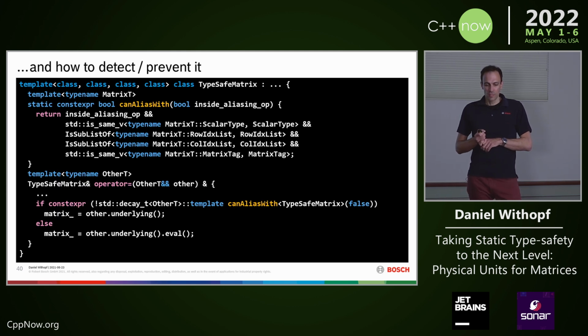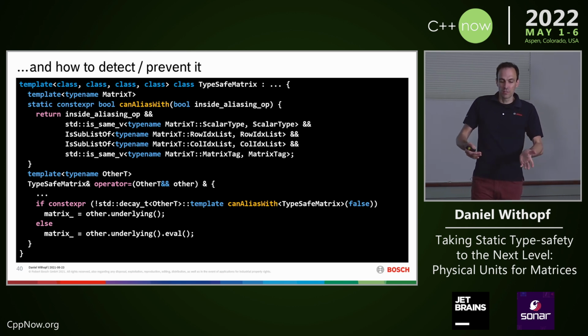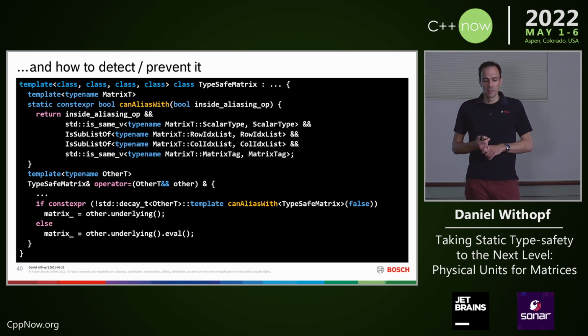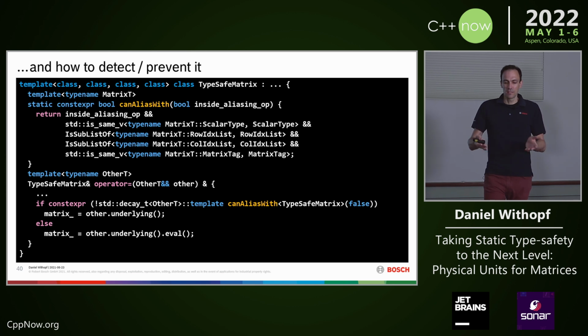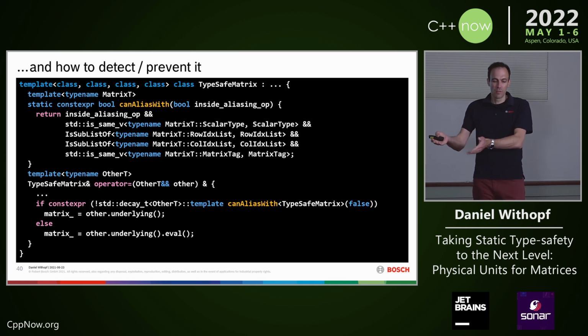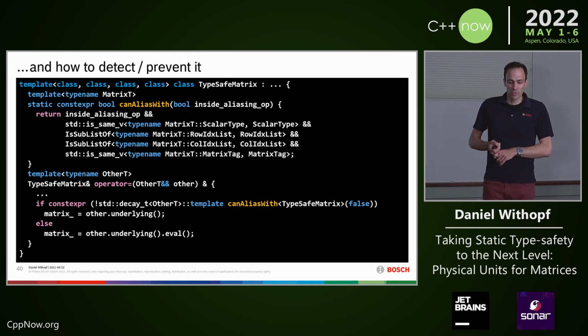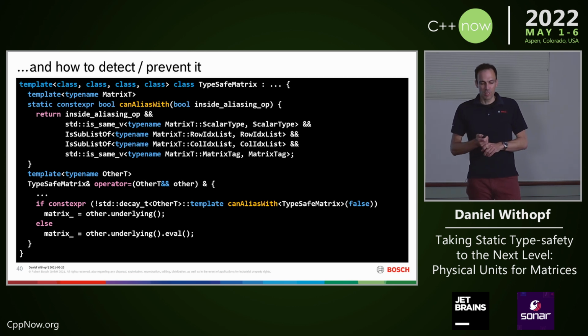And then the last ingredient that we need, when we assign to that matrix, we have to execute that check. So we're checking whether this operation is aliasing. The first if constexpr is for the case where it's not aliasing. There we simply assign the underlying type to the current matrix, or to the member matrix that we have stored.